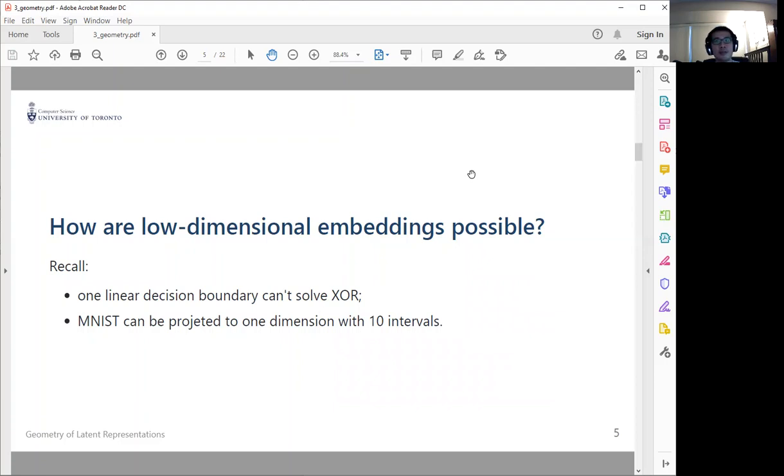If you have some clever embedding methods like the beta variational autoencoder, then it's possible to project them onto one dimension. But this is not equal to one neuron, because there are essentially many decision boundaries out there. So there are some clever ways to do low-dimensional embeddings, and it's a very interesting topic to look at.